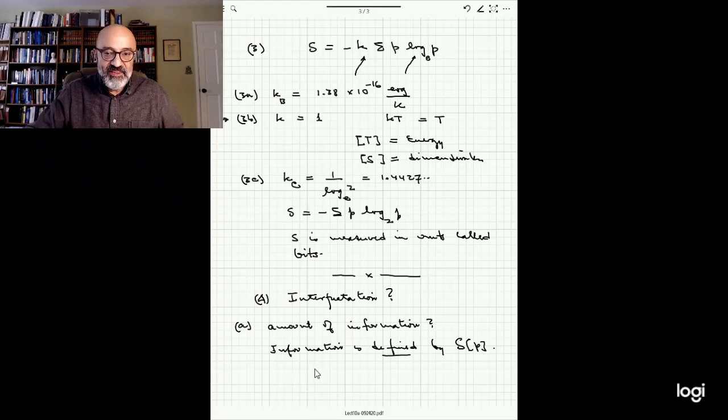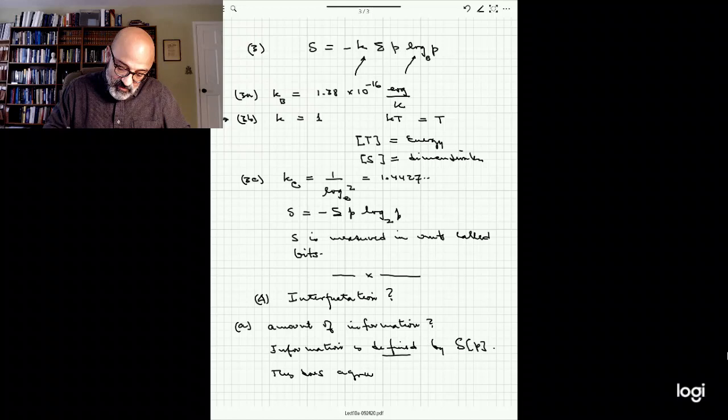One comment that we might give in this respect is that unfortunately this definition of information does not agree with the colloquial meaning that we have for the word information.